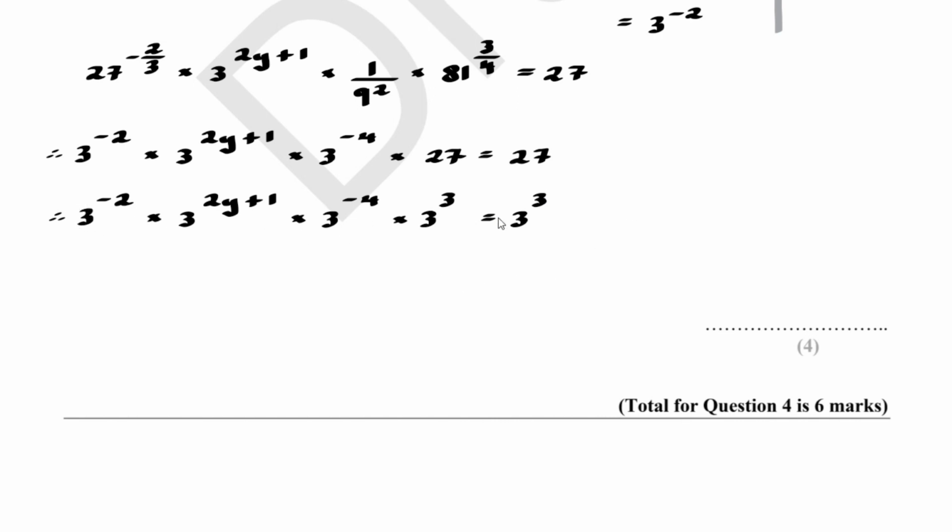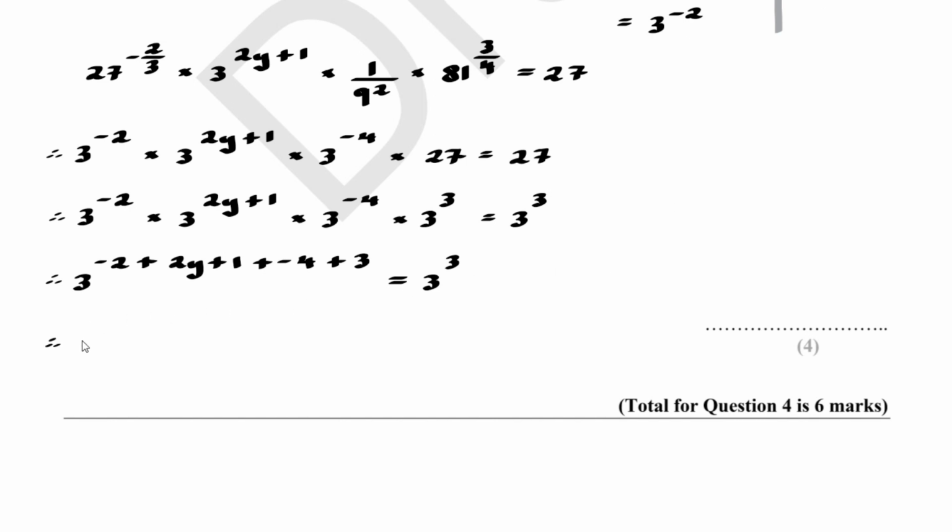What we can now do is recognize we have the same base on the left hand side and we are multiplying, so we can add the powers. So we have 3 to the negative 2 plus 2y plus 1 plus negative 4 plus 3, and this is equal to 3 to the power of 3.